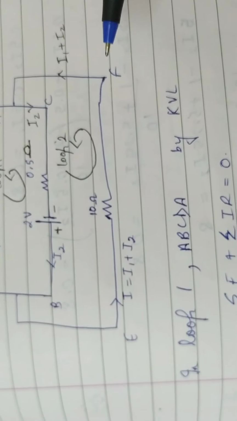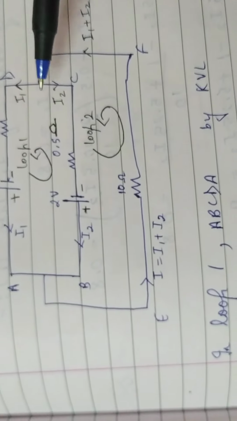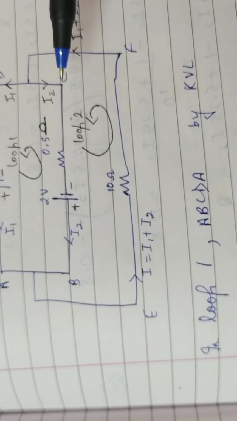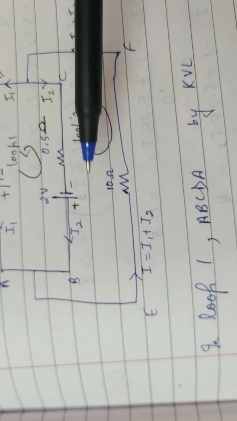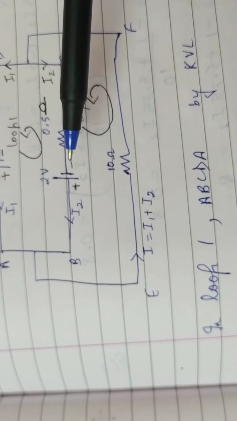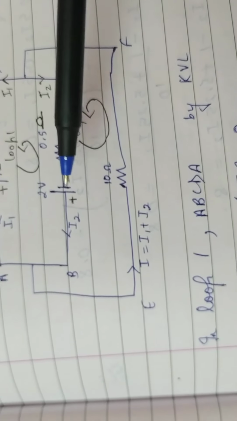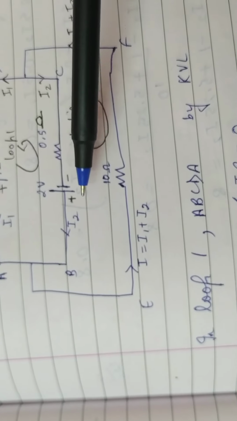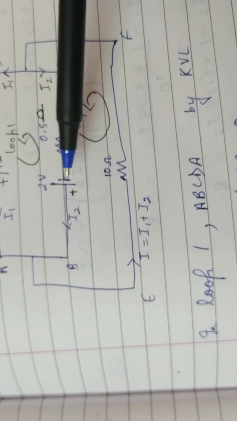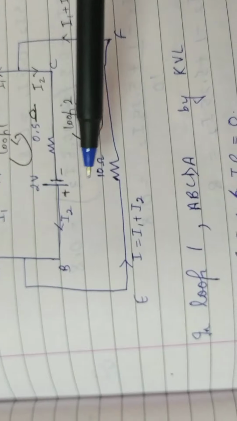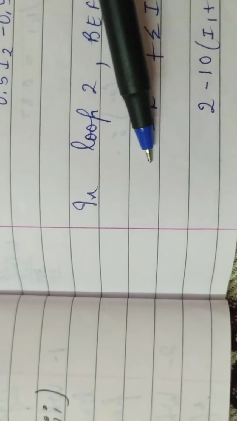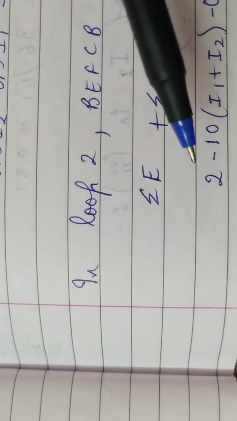E to F, no EMF source. F to C, no EMF source. But when we traverse from C to B, there is an EMF source, and we are traversing from negative to positive terminal. Hence the EMF is positive. So here 2 volt is written with plus sign.